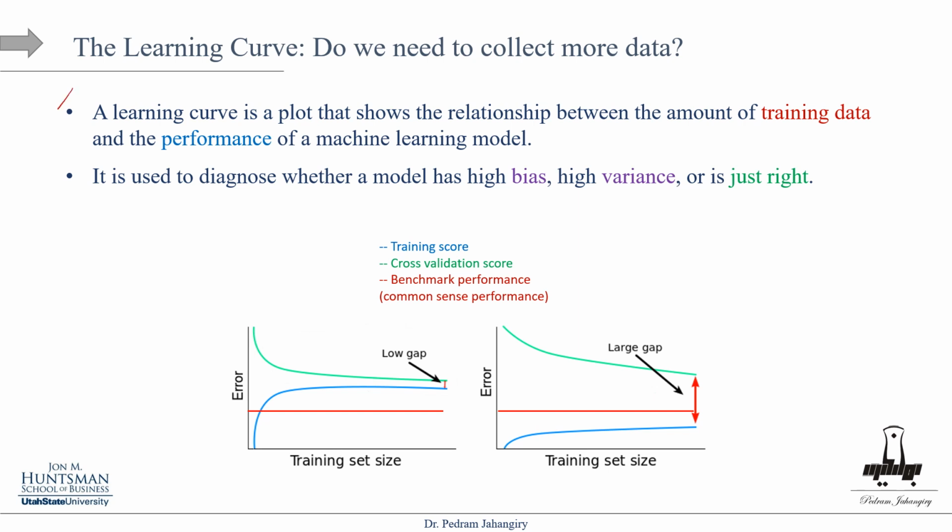A learning curve is a plot that shows the relationship between the training set size on one hand and the performance of the model on the other hand, okay? It is basically used to diagnose whether your model is going to have high bias, high variance, or it's just fine, it has the right combination of the two, right?